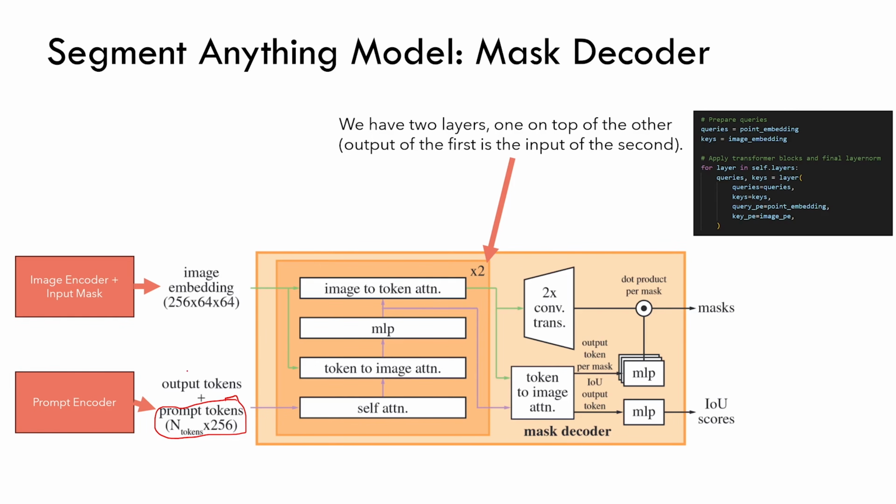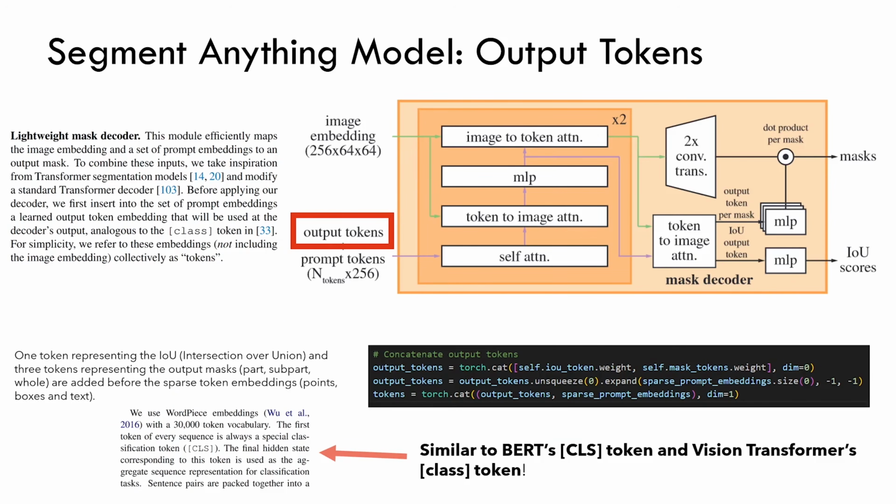But here we can also see that there are these output tokens. So before we proceed to see these steps, let's see what the output tokens are. The output tokens take the idea from BERT. As you remember, we saw the vision transformer before. In the vision transformer, when they fed the patches to the transformer encoder, they also prepended another token called the class token. The same idea is reused by Segment Anything, in which they prepend some tokens before the promptable tokens, so the boxes and the clicks made by the user.